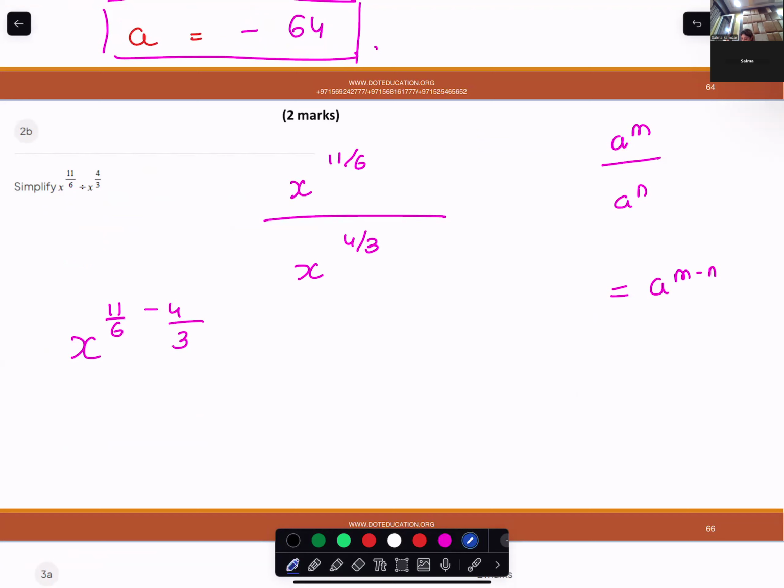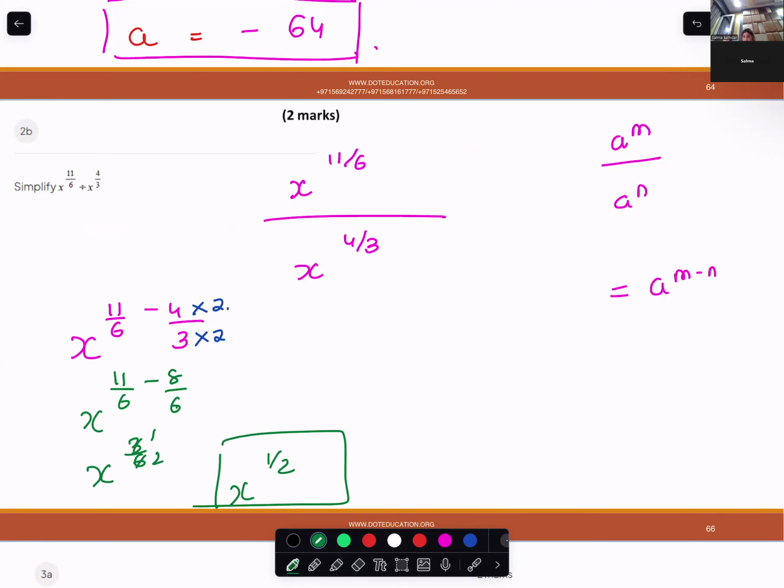I have to make the denominator same, so I will multiply by 2. So this is going to become x raised to 11 by 6 minus 8 by 6. So this is going to become x raised to 11 minus 8, 3 by 6, which is half. So this is going to become x raised to half. I have simplified it.